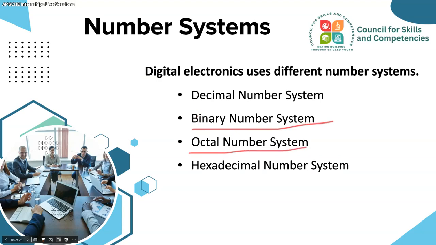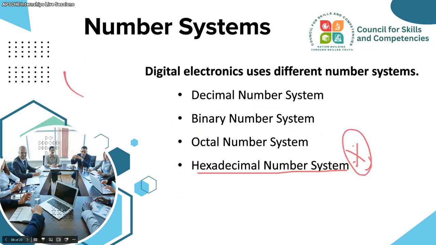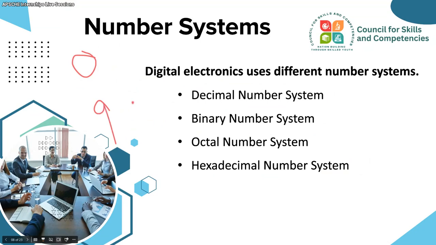Then the octal number system comes. Octal is 0 to 7. It has its own purpose. Next comes the hexadecimal number system. This is very important. You be thorough with this. The hexadecimal number system is 0 to F. The decimal number system is 0 to 9 only. Hexa means it is going to be 16.